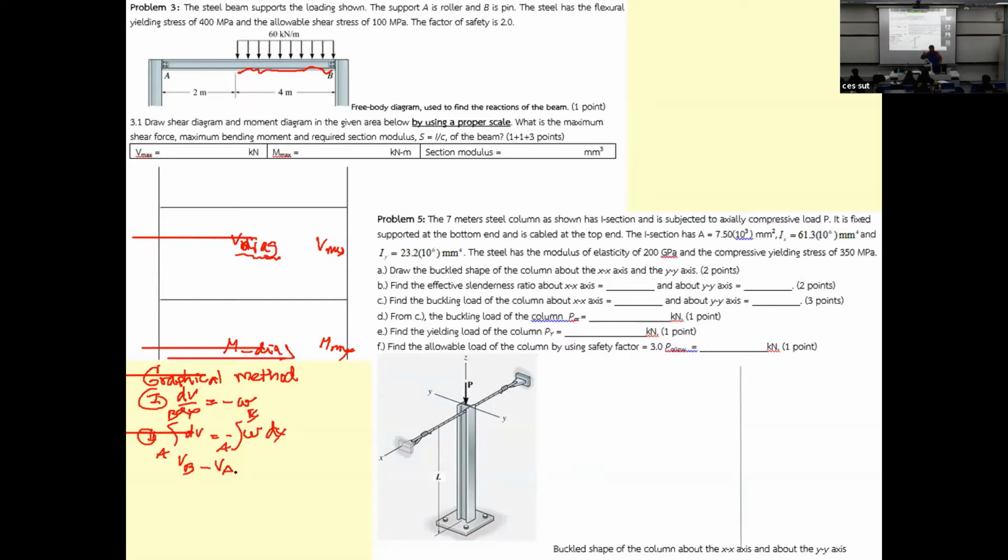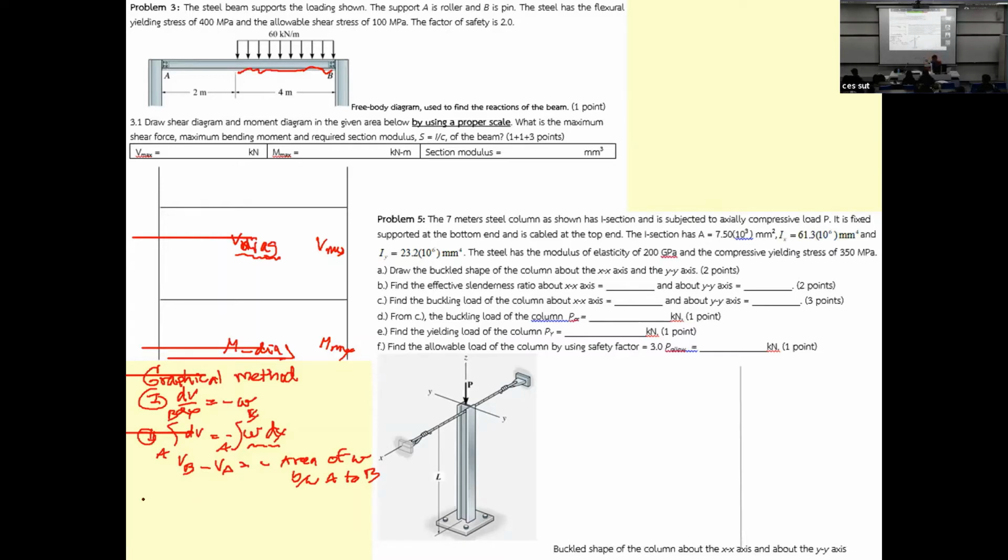The change of the shear from A to B equals minus the integral, which is the area of W between A and B.